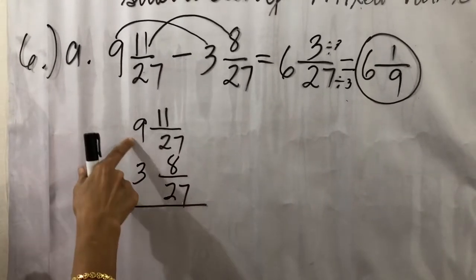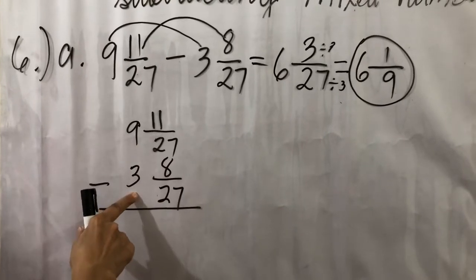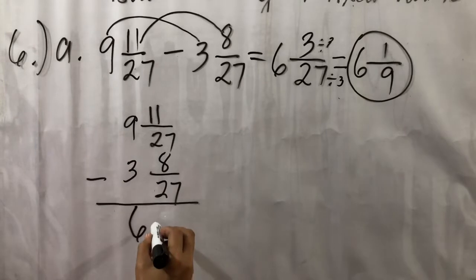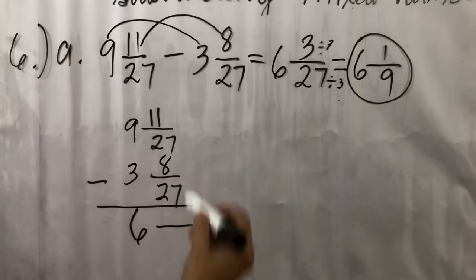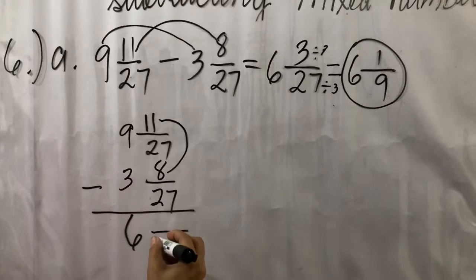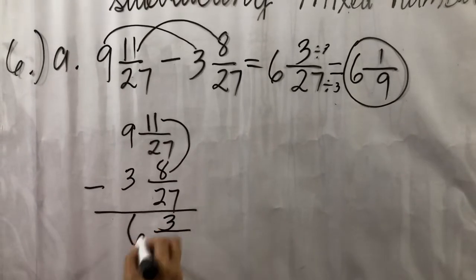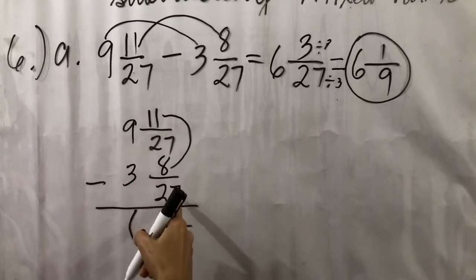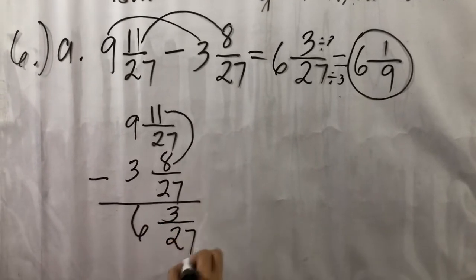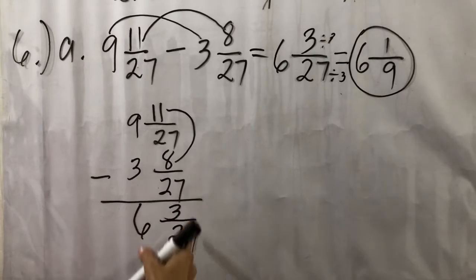Subtract first the whole numbers. 9 minus 3, the answer is 6. And then, the fractions. 11 minus 8, the answer is 3. Copy the denominator 27 as is. So, the answer is 6 and 3/27.